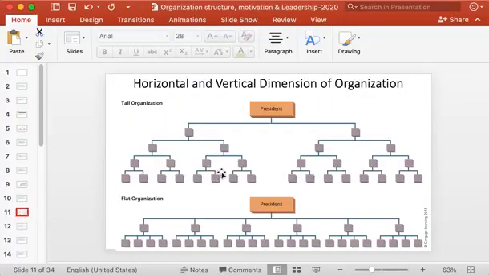So if you can see in this example figure, here there are 1, 2, 3, 4, 5 levels. In this case there are only 3 levels. So this organization is flat compared to this organization because it has fewer levels of management.